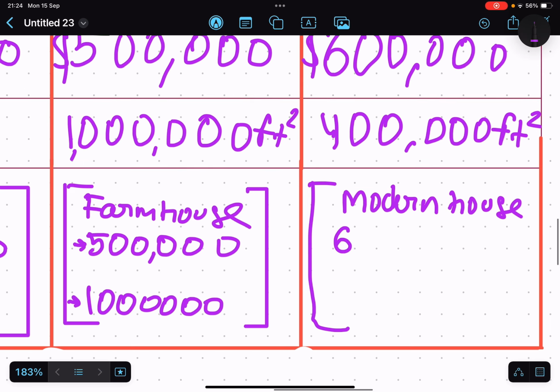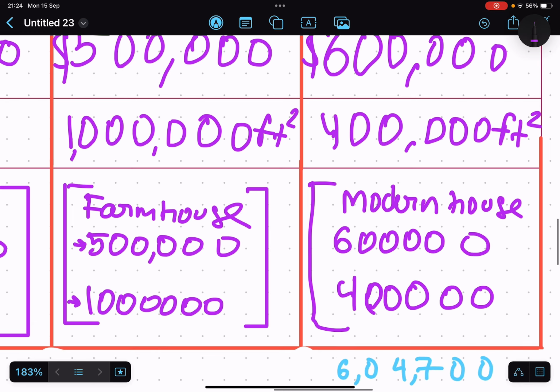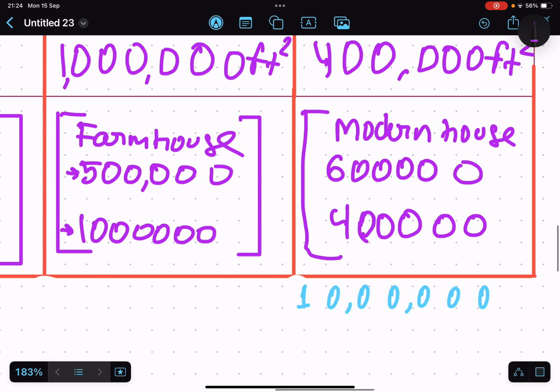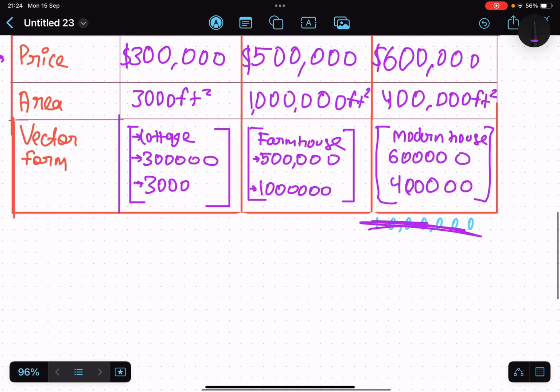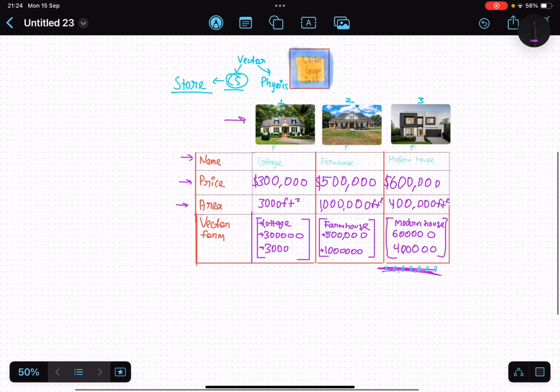And then finally 400,000 square feet for the area, right? So this is how it goes. This is how you would form vectors in case of computer science. In the next video, we'll talk about how vectors are used in physics.